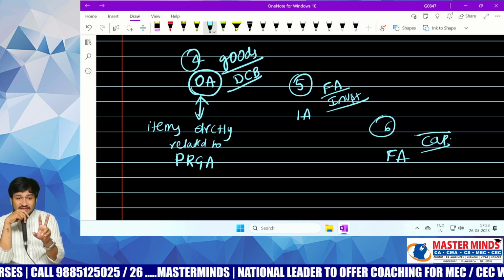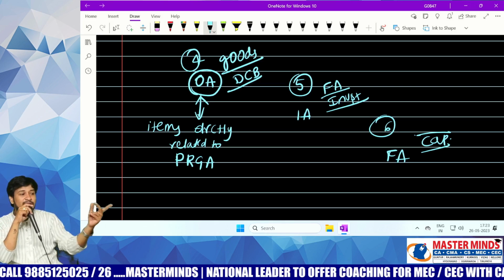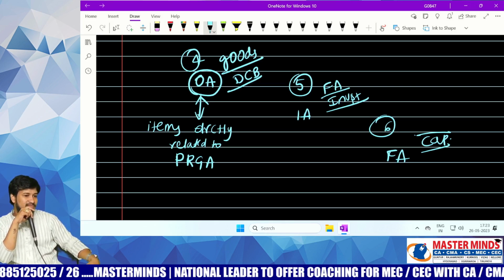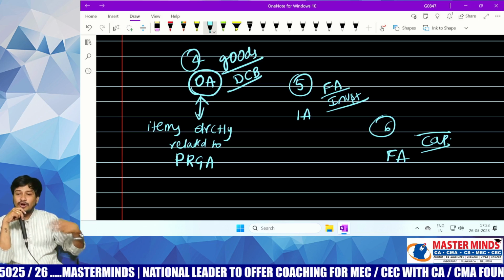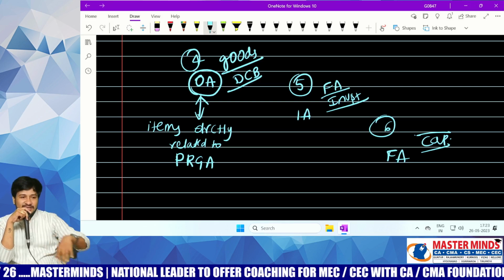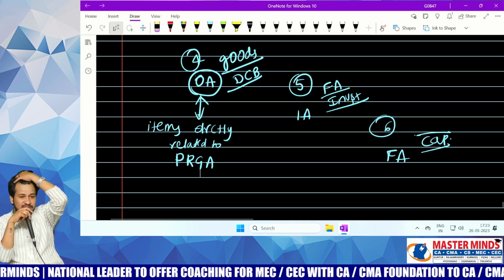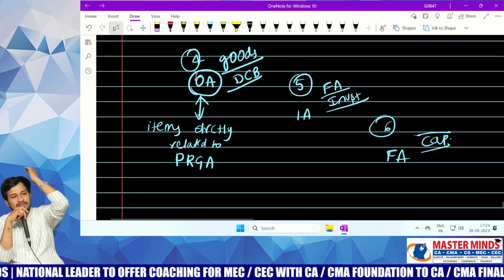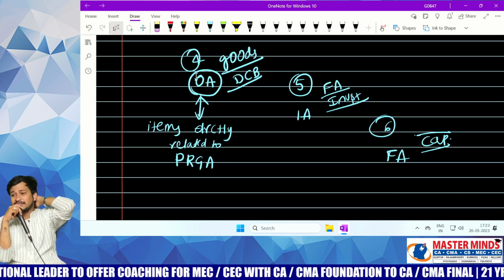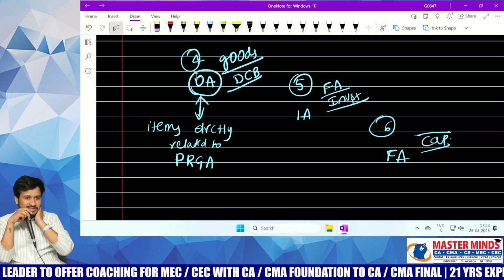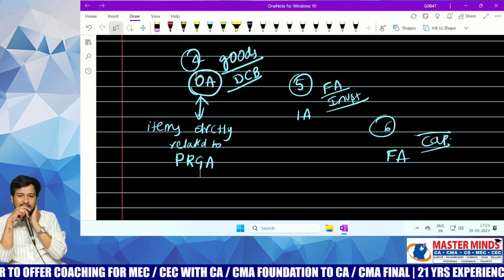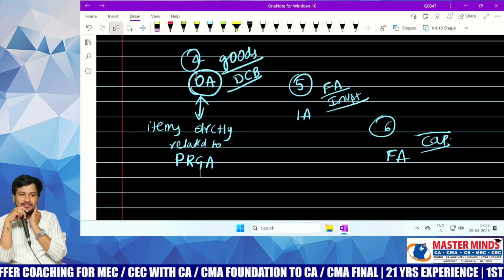Without wages and carriage inward, you cannot purchase goods, and if you are not purchasing goods, you cannot sell them. So it is directly related. And all the selling and distribution expenses: advertisement, stationery, printing, bad debts.